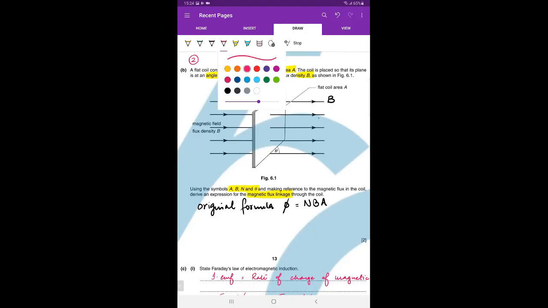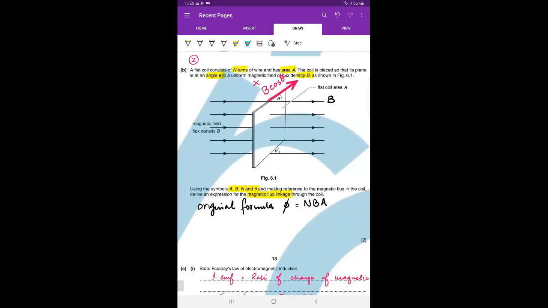The component which I am constructing with the orange colored marker is a completely useless component. Even if I don't construct it, my work will go on. It is nonetheless B cos theta. But the reason why this component is not of any relevance for me, I cross it out, is because this component of the field lines is parallel to the plane of the area.